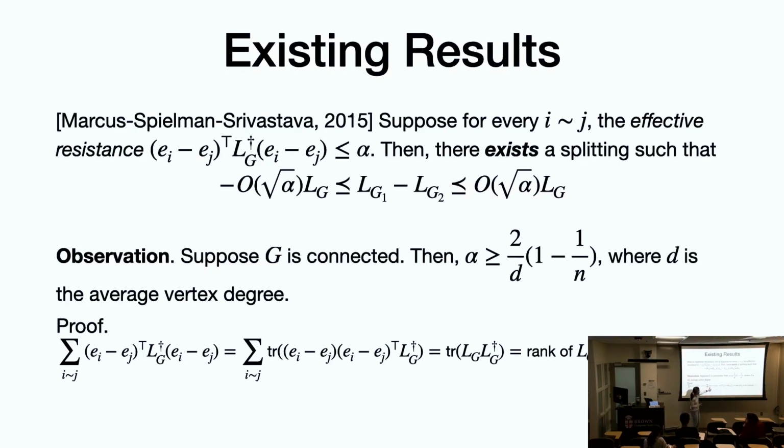So I get this. And since trace is a linear function, I can move this sum inside the trace. And the sum of these rank 1 matrices is the Laplacian LG. And the trace of LG times its pseudo inverse is the rank of this matrix. And since we assume that G is connected, so there is only 1 zero eigenvalue, the rank is the number of vertices minus 1. And I take the average, so alpha is greater than the average of the sum, and I get that number. Okay.